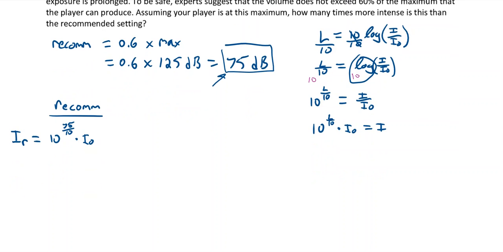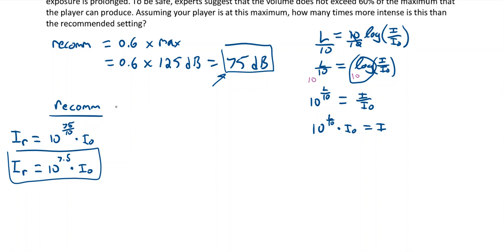Okay, I can write that a little better though. Let's just write that as a decimal. We'd say IR is equal to 10 to the power of 75 over 10. That's just 7.5, right? Times IO. Okay.